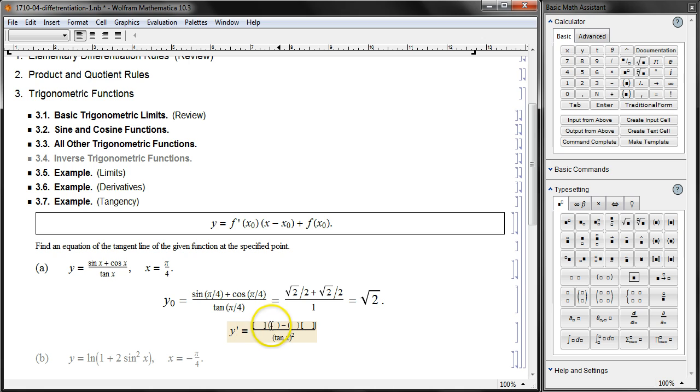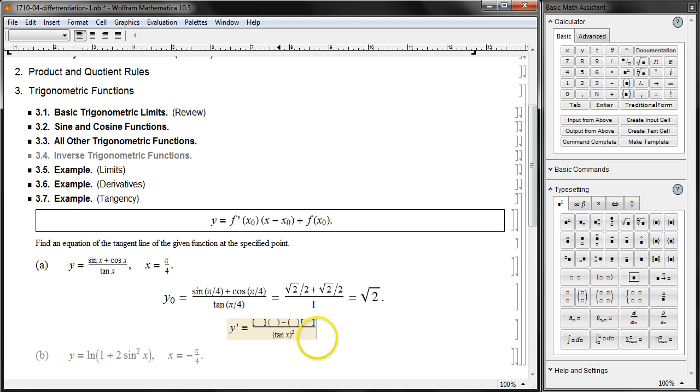Okay, so copy and pasting first, u prime v, that's just the denominator, and this is the numerator. Okay, so far so good. And then let's do it in a separate step.